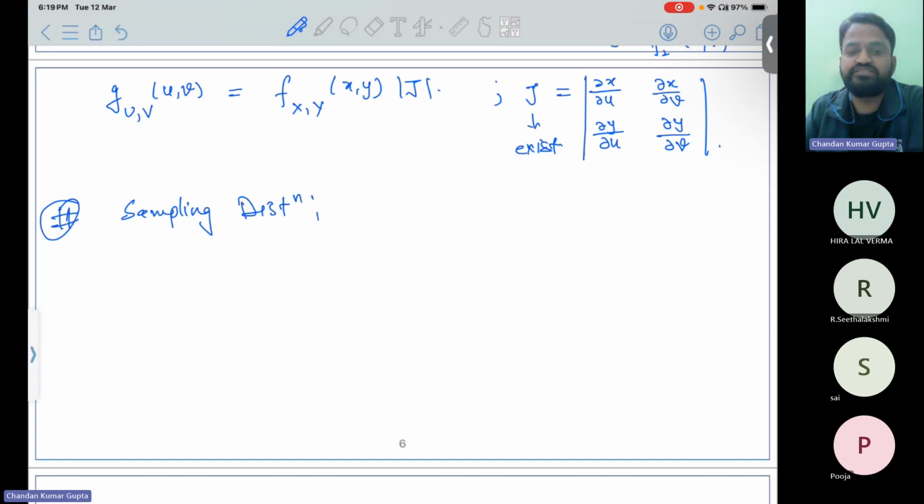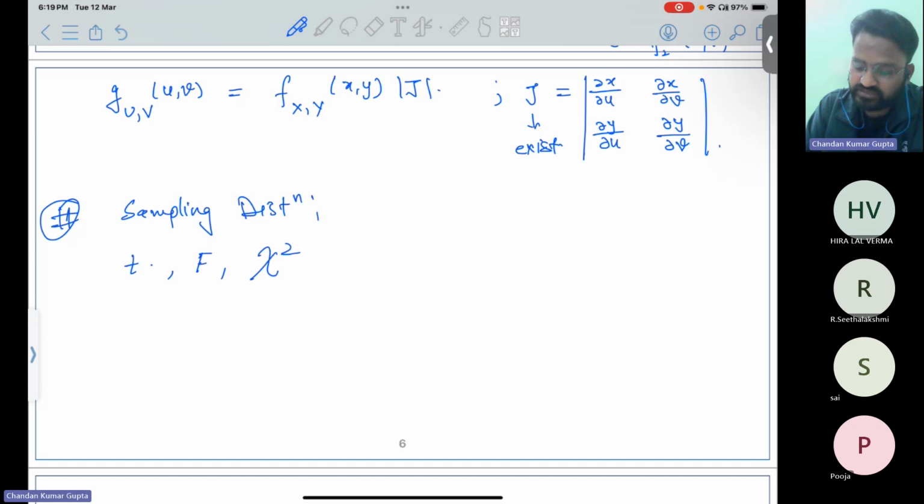A statistic is a function of sample values, like sample mean, sample variance, sample median, sample mode, or anything evaluated with the help of the sample. The distribution of those statistics is called the sampling distribution. Like we may discuss the t distribution, f, chi-square. These are the small sampling distributions, or we may directly say sampling distribution, which we are going to discuss.